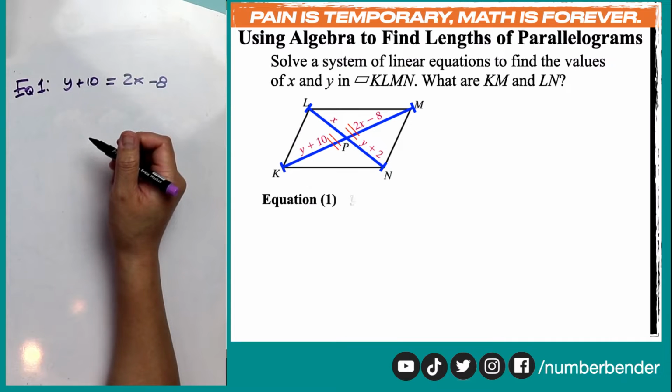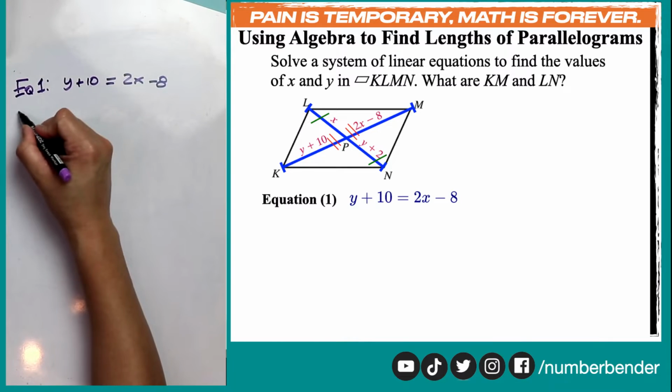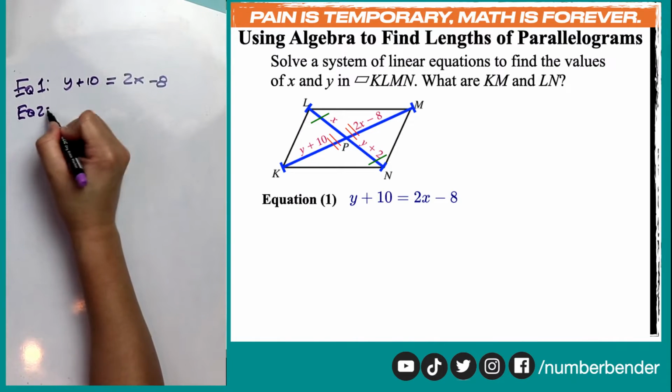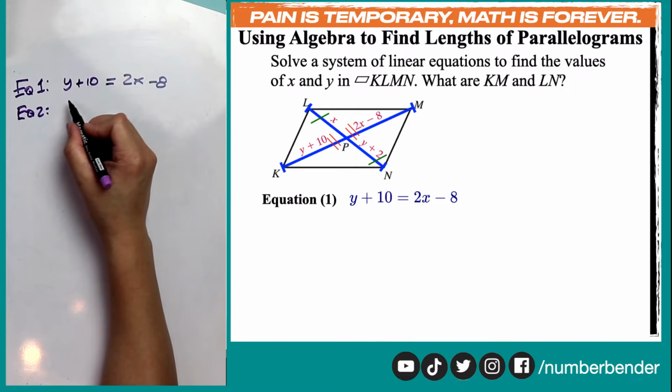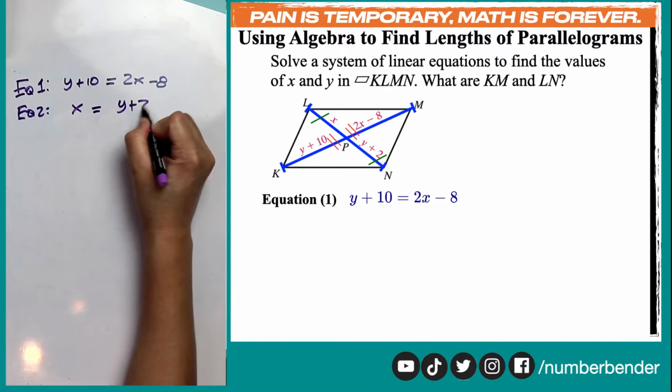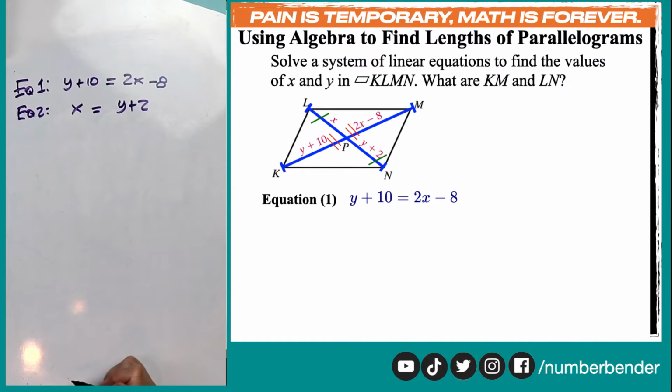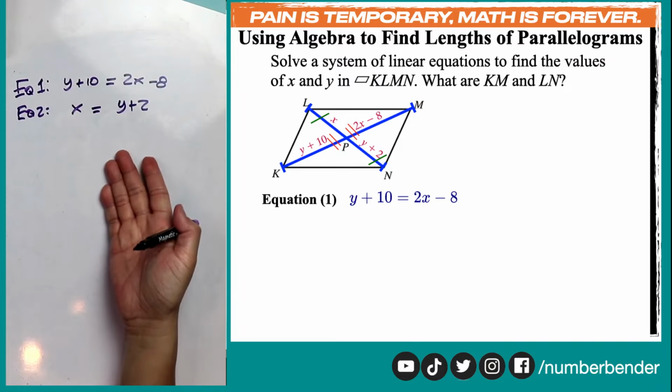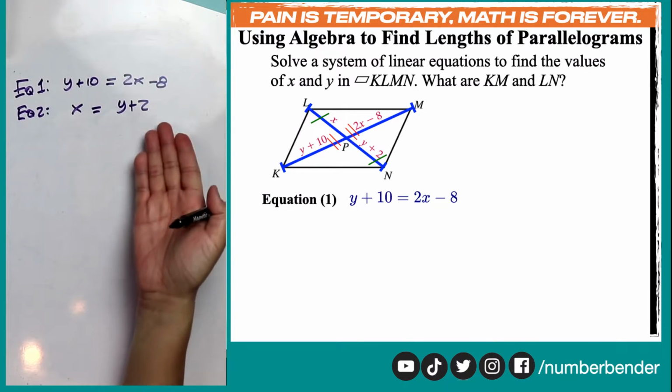And we can also have equation number 2 given by the line segment LN, since they are bisectors, so we will be able to equate x equal to y plus 2 as our equation. And from here, we can see a system of linear equations.